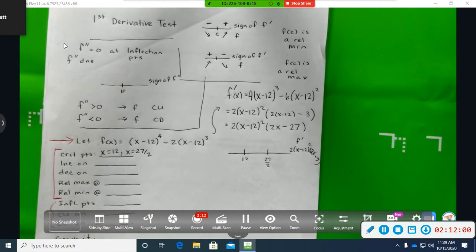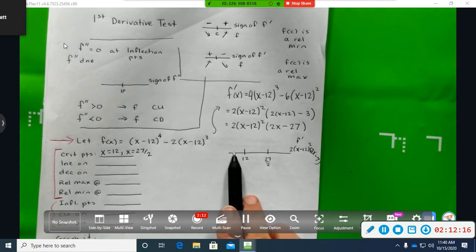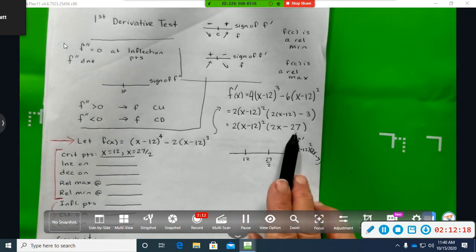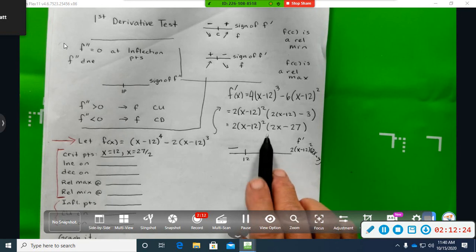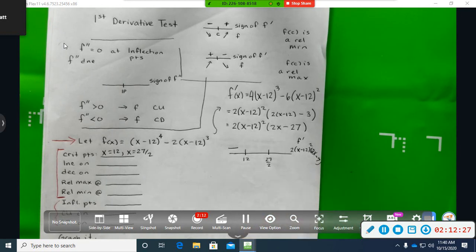2 times (x minus 12) squared is positive, so you don't even have to test anything in there. Just put numbers in the other factor, and its sign tells you the sign in each interval. If I put in 0, 2 times 0 minus 27 is negative. If I put in 13, 2 times 13 is 26, minus 27 is still negative.